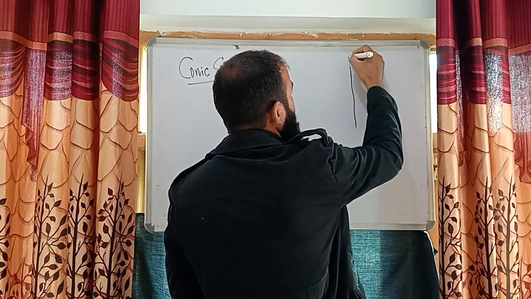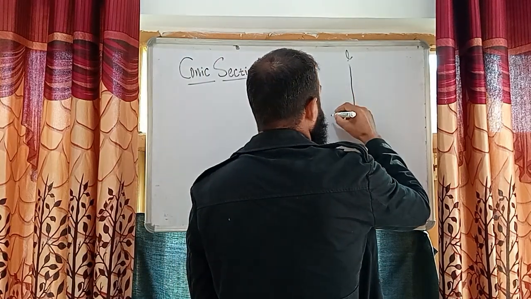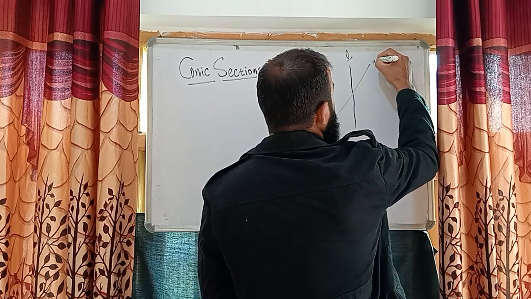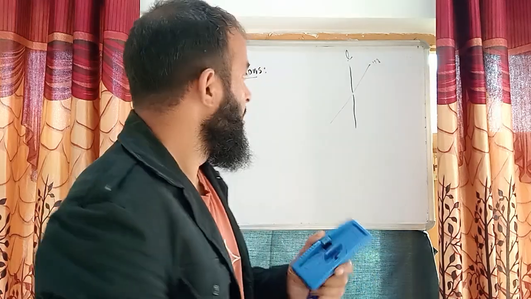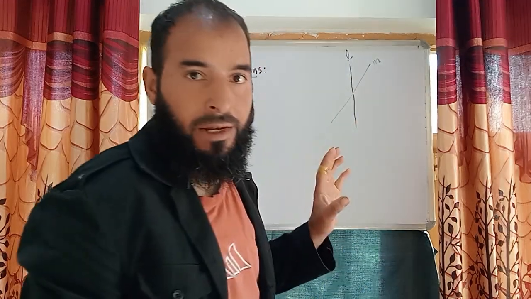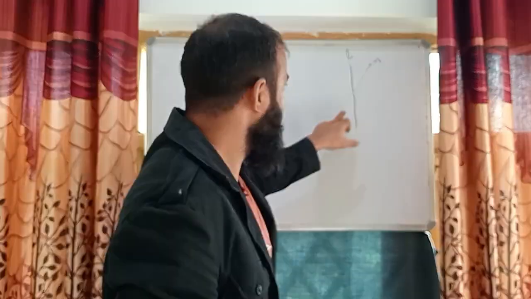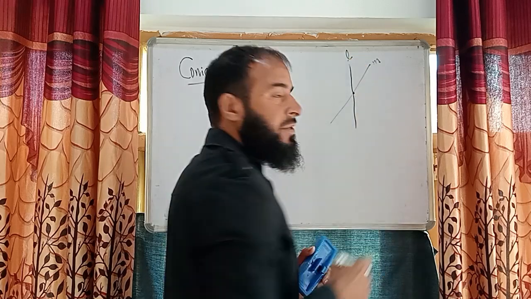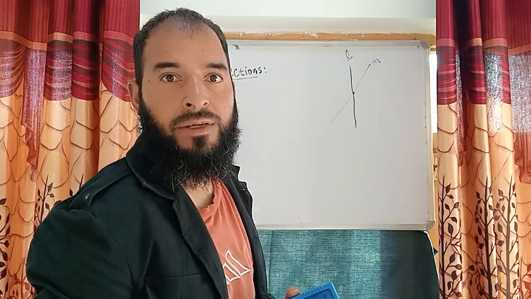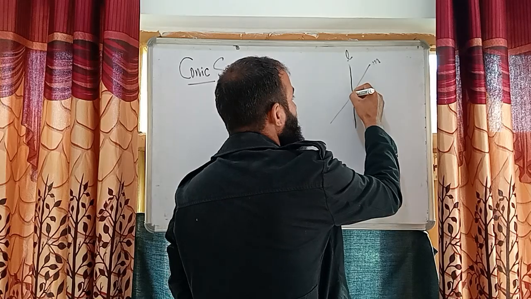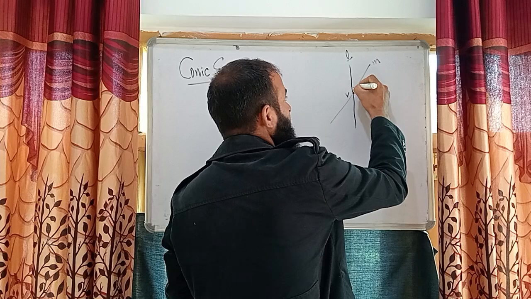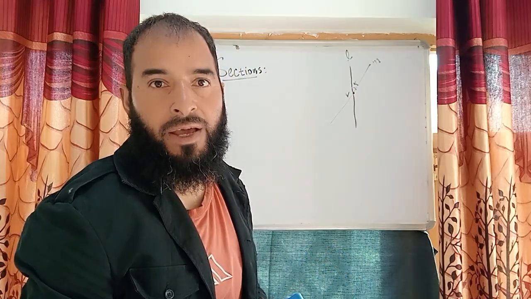Let L be a fixed line, and suppose this is another line M. Suppose we are given a line L and we have another line M which intersects the first line at this point, say this point V, and it makes a constant angle, say alpha, with this line L.